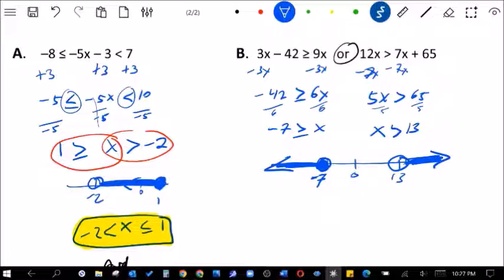Now we see that x can be any of the numbers over here, or it can be any of the numbers here, and it will make the statement or the other true, whichever one it fits with. And we show that as x is less than or equal to -7, or x is greater than 13.